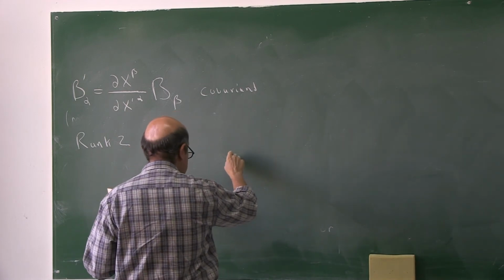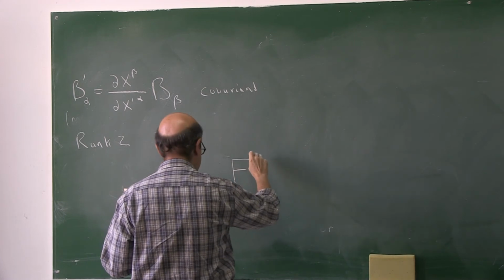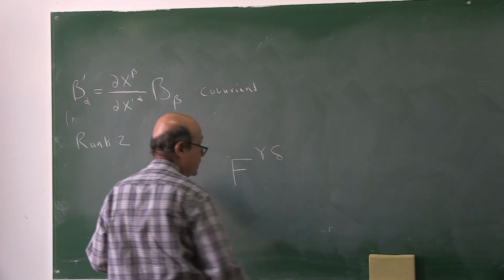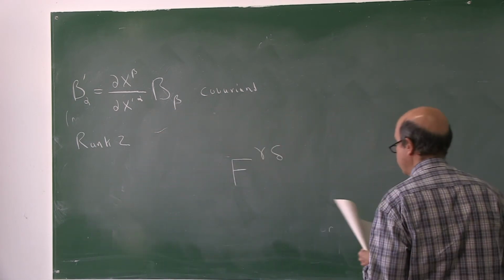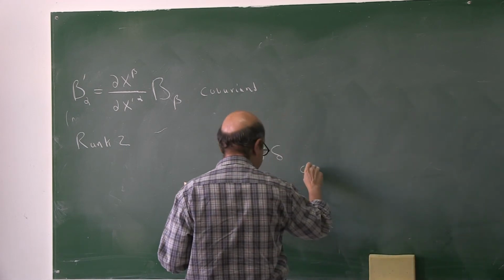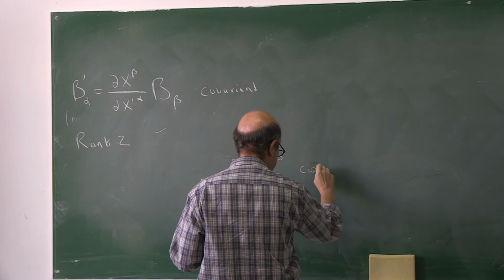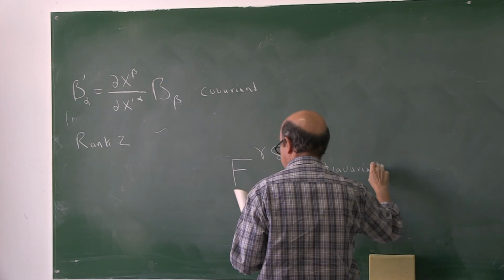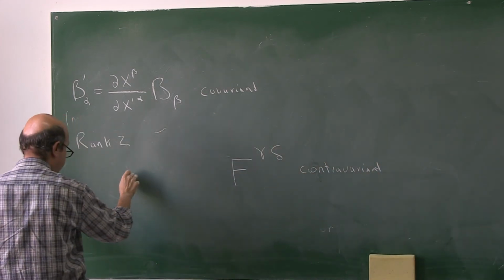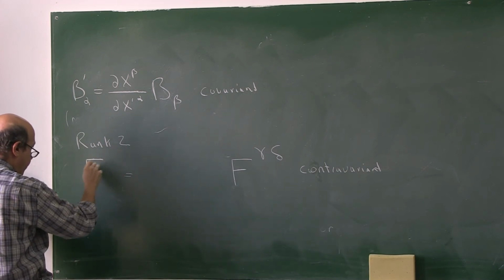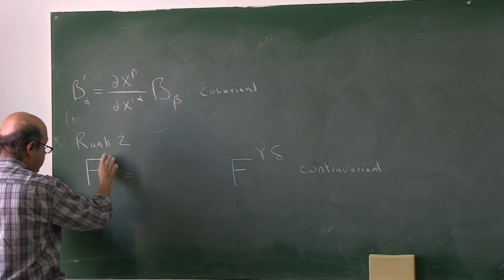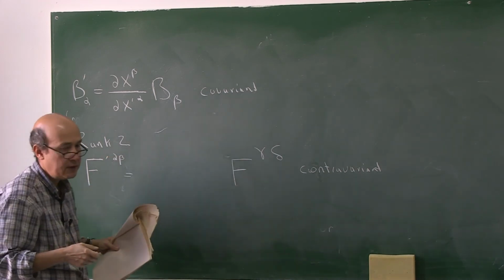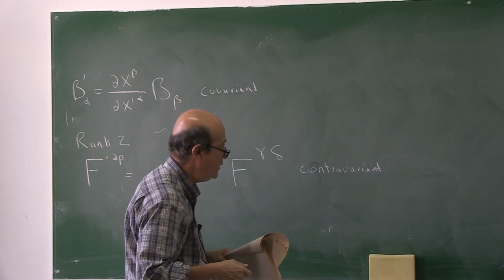So if you want to transform a rank 2 tensor, let's say F^{γδ}, contravariant, into another F' with new indices, let's say alpha and beta, what kind of transformation pattern do I need?